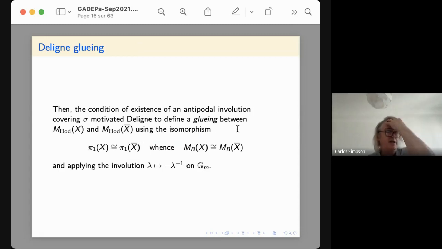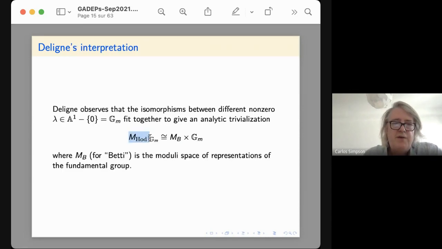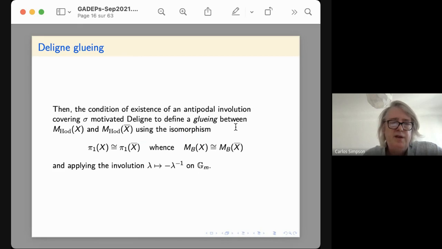So now the construction you can make is you can use that identification right here. Here we've identified a piece of this fibration with just a trivial fibration, and the moduli space involved only depends on topology. Okay, so that gives rise to what we call Deligne gluing, which is you can glue this piece that corresponds to the curve X, by the same piece but corresponding to the complex conjugate curve.